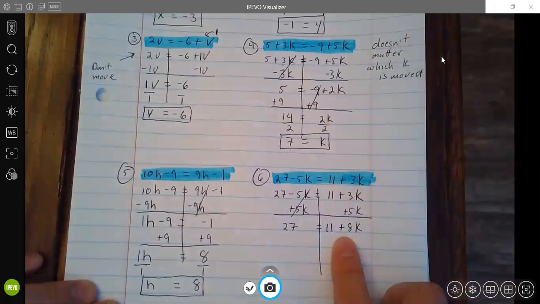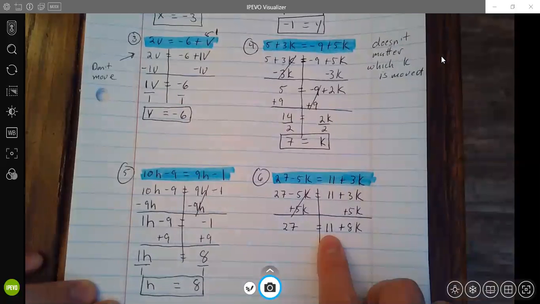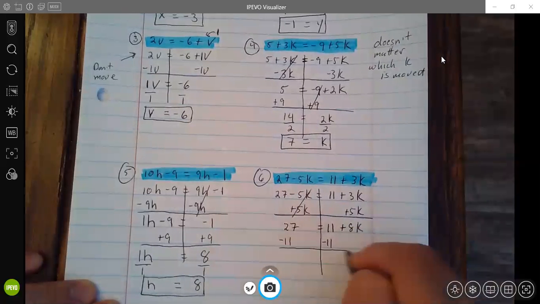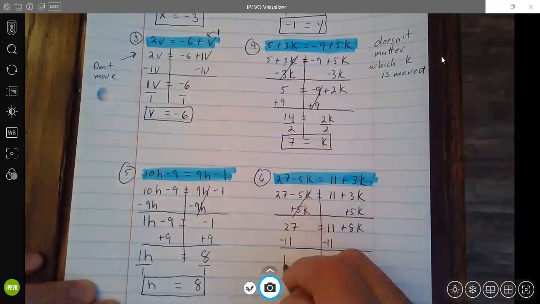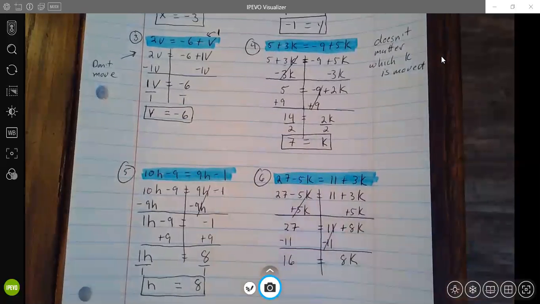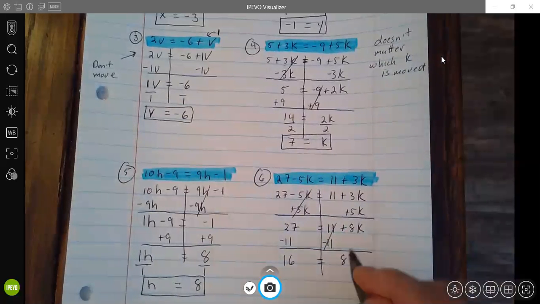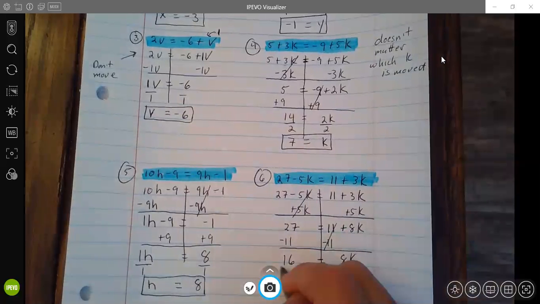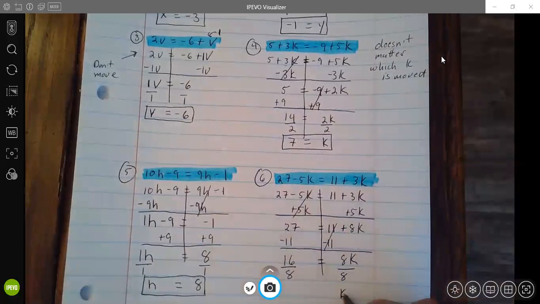Again, a two-step equation. That 11 is a positive 11. So I'm going to subtract 11 on both sides. I have 16 equals, this is now gone. I have 8k left over. And then the last step, 8 times k, the opposite of times is divide. Divide by 8. 16 divided by 8 is 2.